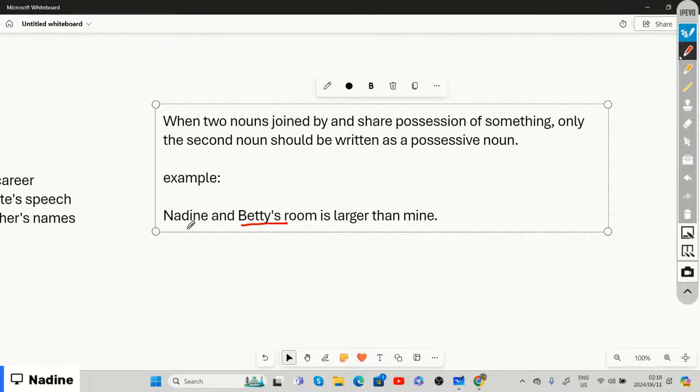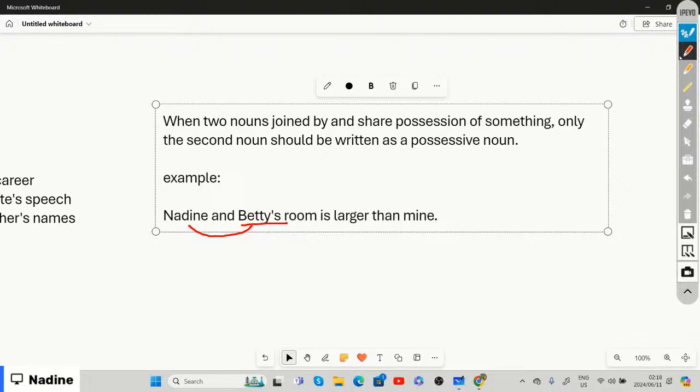If we say that Nadine and Betty's room is larger than mine, this gives us an indication that Nadine and Betty share a room. They have one room that they are sharing.